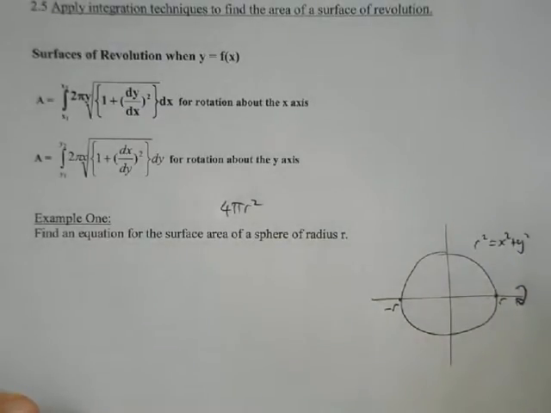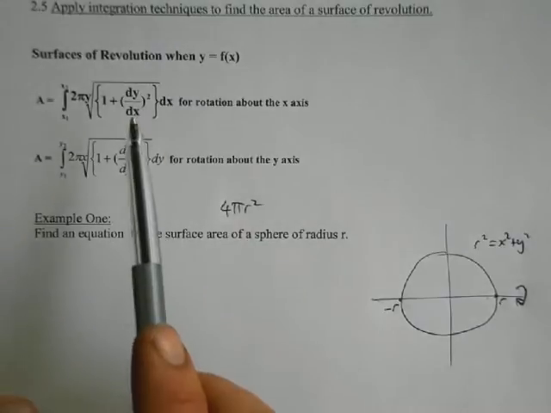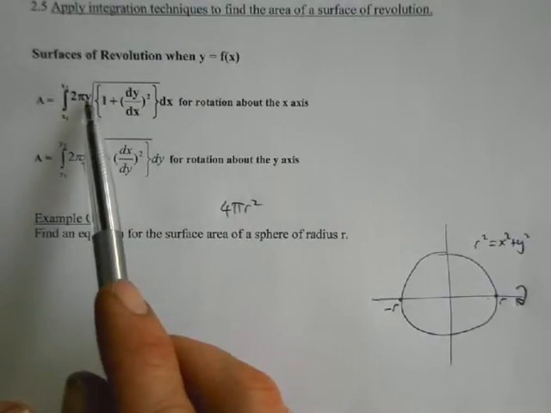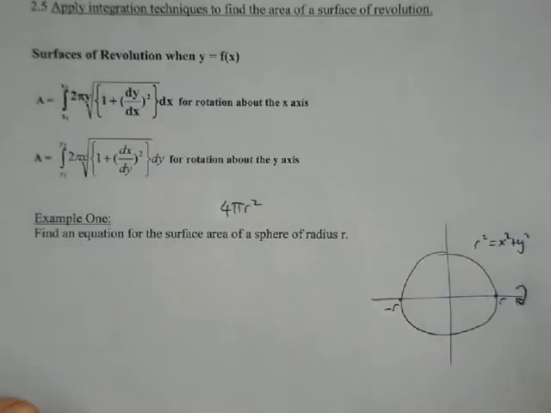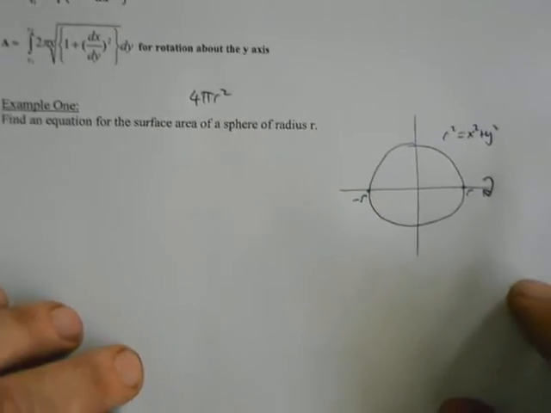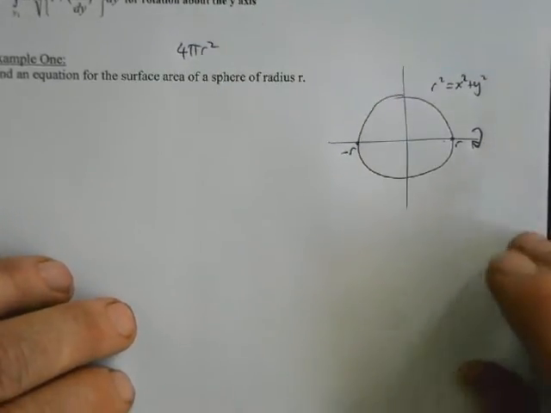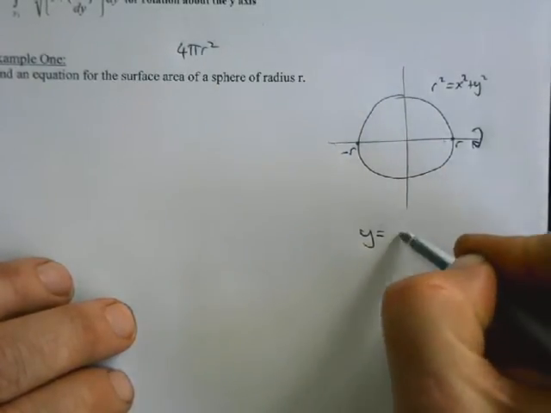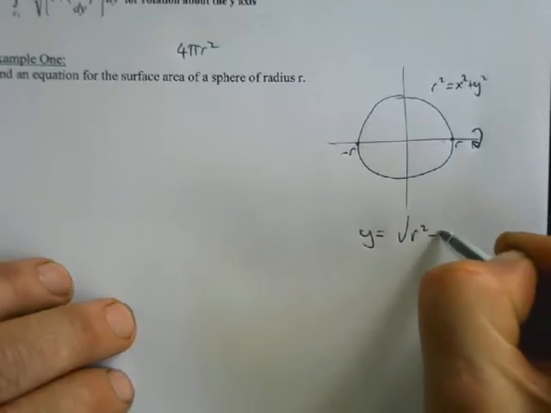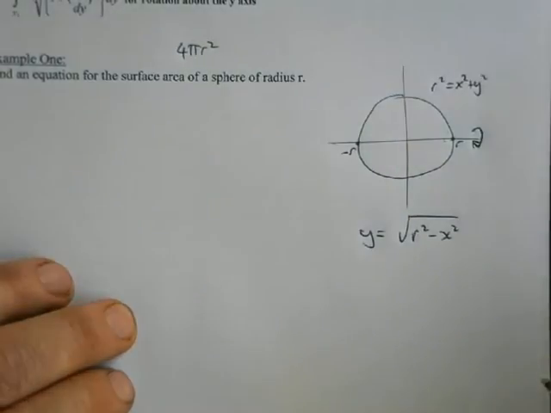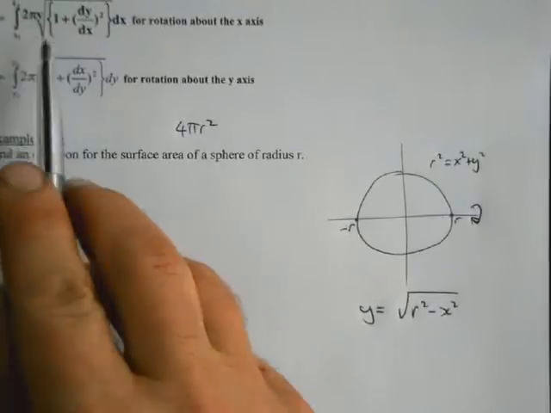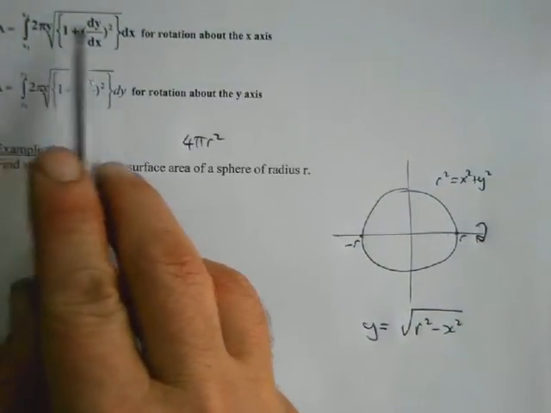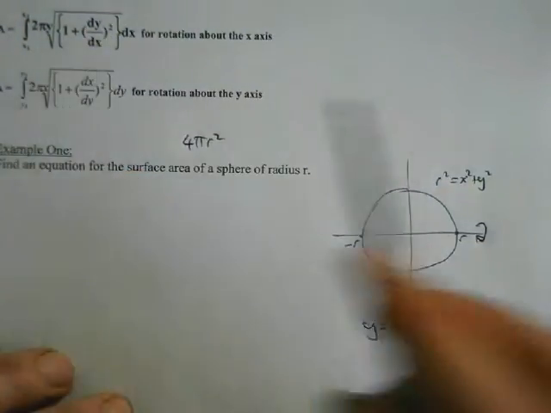Okay, so the formula I'm going to use is this top formula, which means I need an expression for y and an expression for dy by dx. So let's do a little bit of that work down the side here before we start. Rearranging that equation tells me that y equals the square root of r squared minus x squared. So I need that to put into the equation for y, and I also need dy by dx. So let's differentiate the sucker.